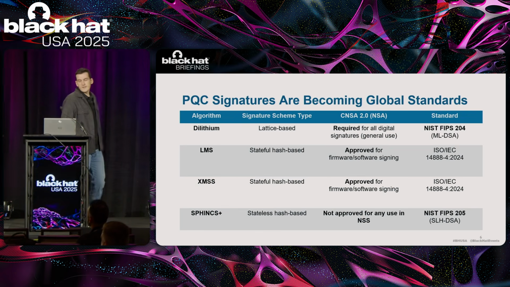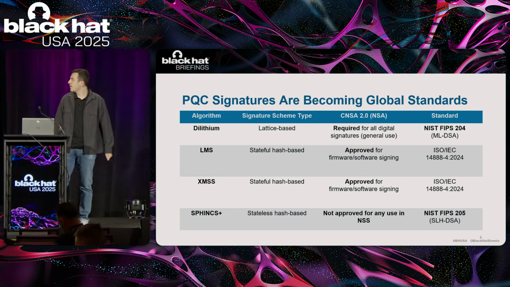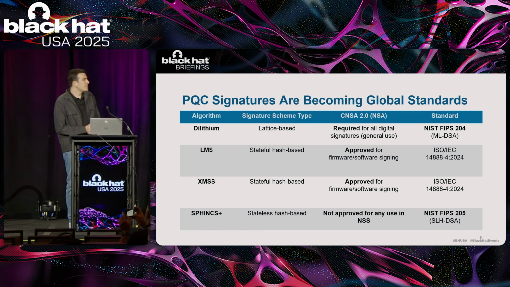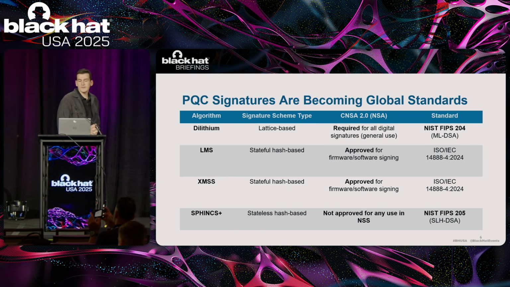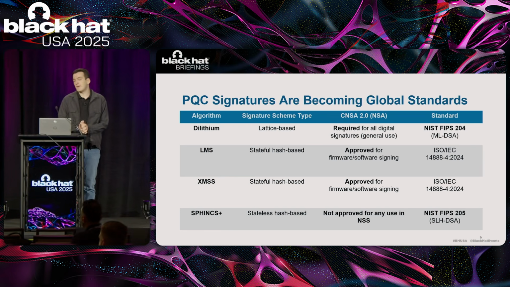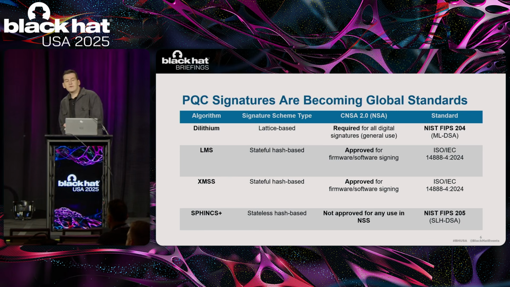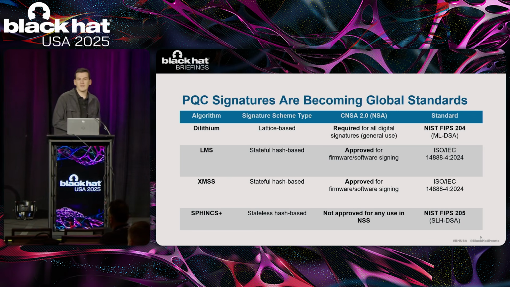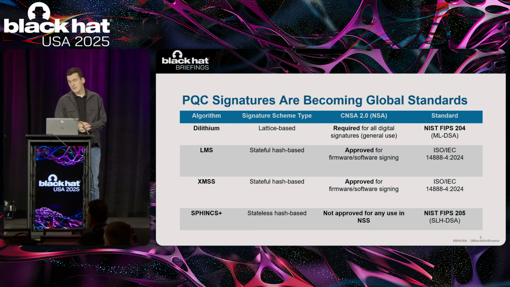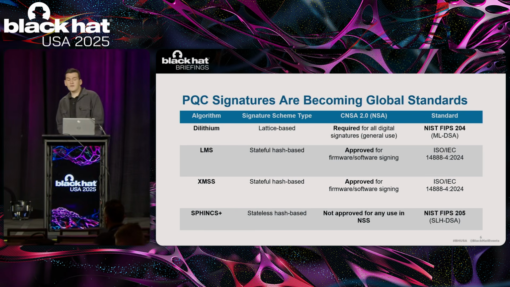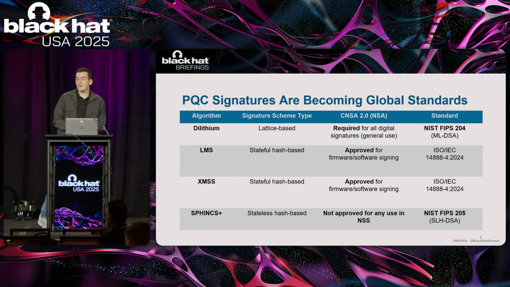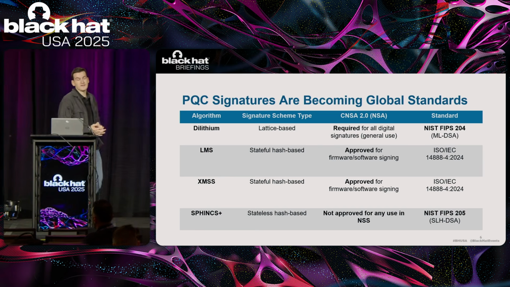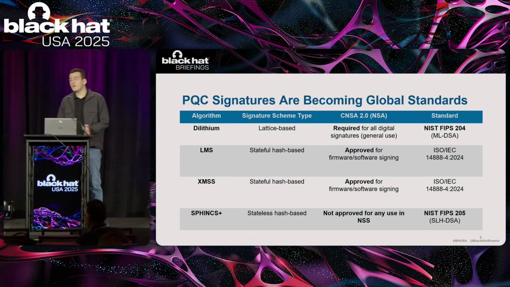In this table, you can see the four main signature schemes. Dilithium and SPHINCS+ are already standardized by NIST. Dilithium is required for all digital signatures by the CNSA framework. However, SPHINCS+ is not approved for any use in national security systems by the CNSA framework. I don't know the reason.